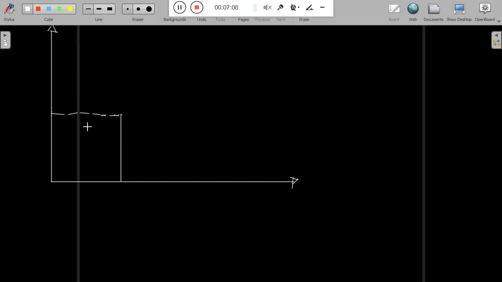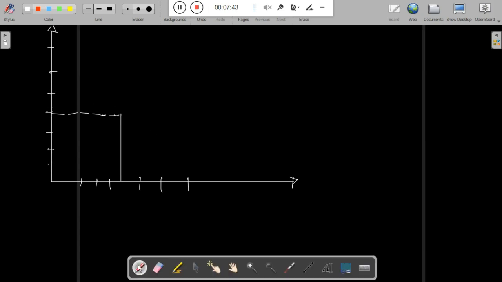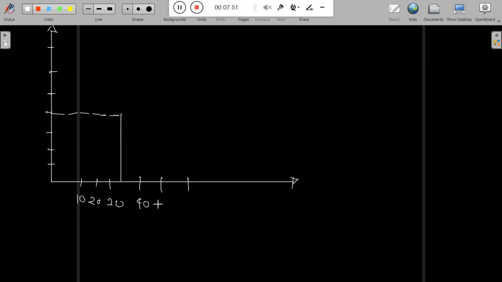That represents the equilibrium of demand and supply. The quantity data set starts from 10 to 70, and the price data set starts from 20 to 50.